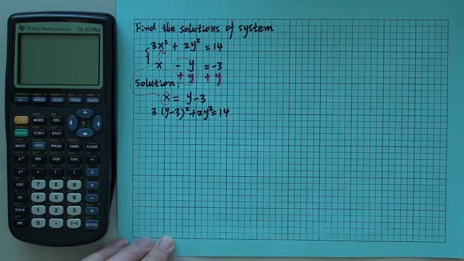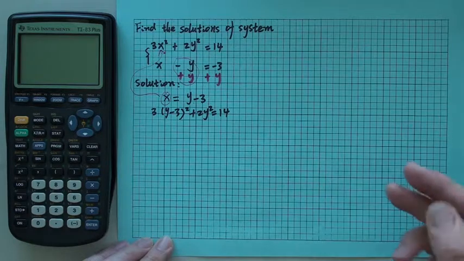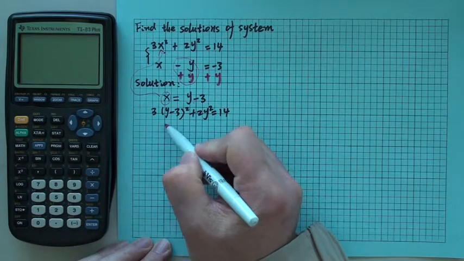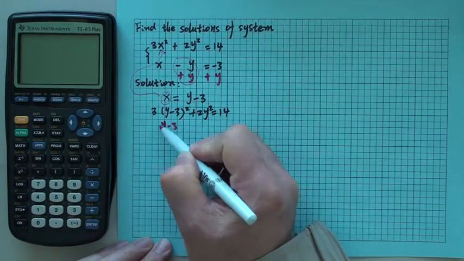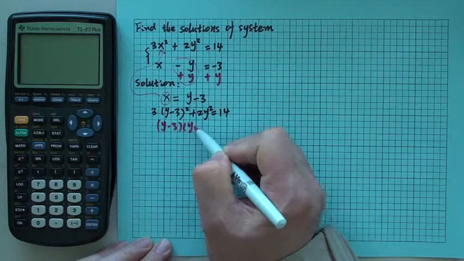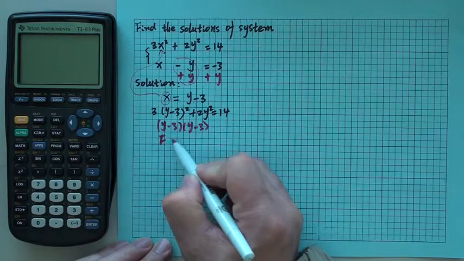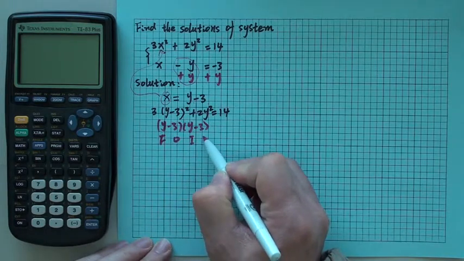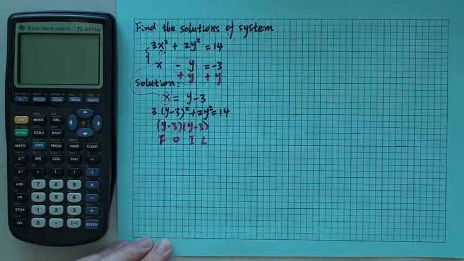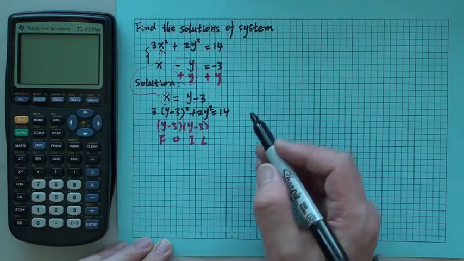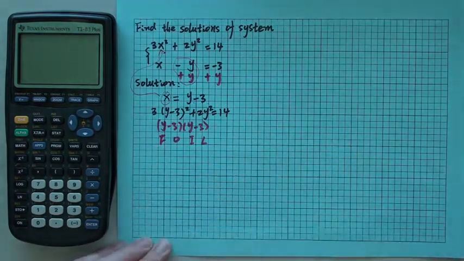Remember, we have y minus 3 squared, and that's actually y minus 3 times y minus 3. So we have to use the FOIL method. With the FOIL method, let me write.